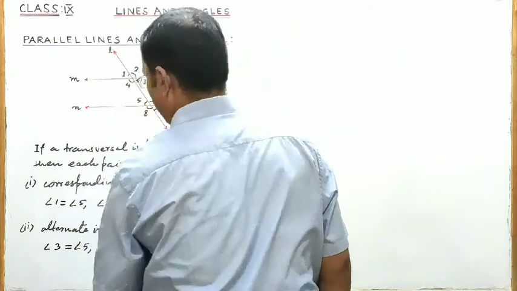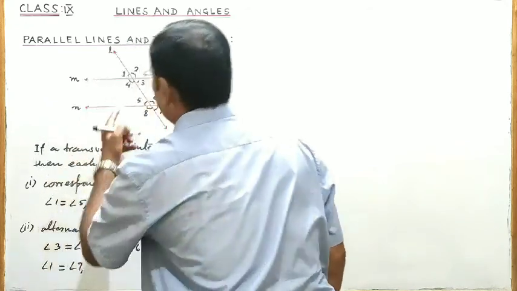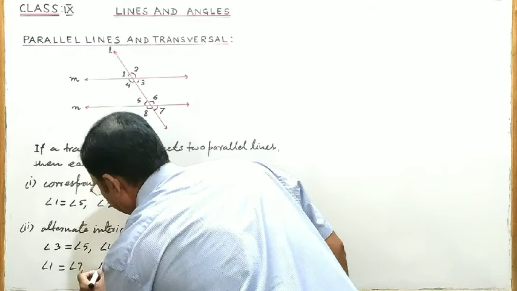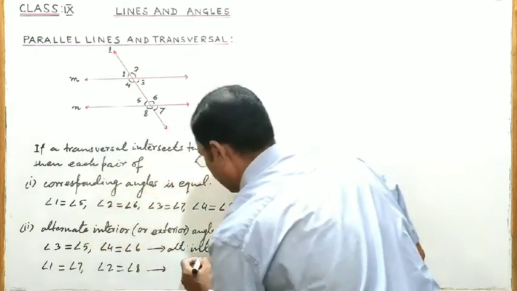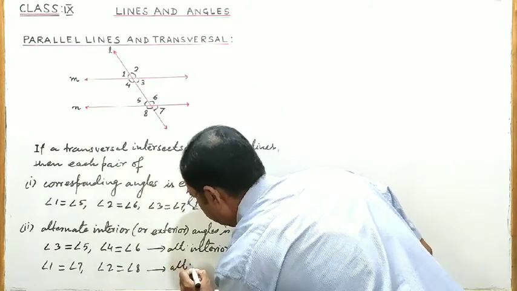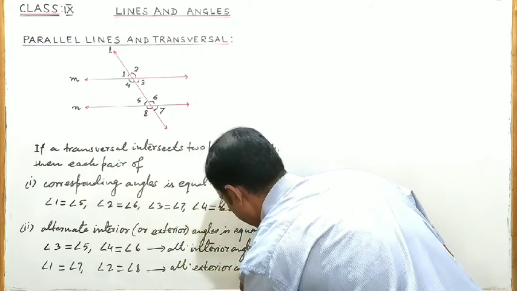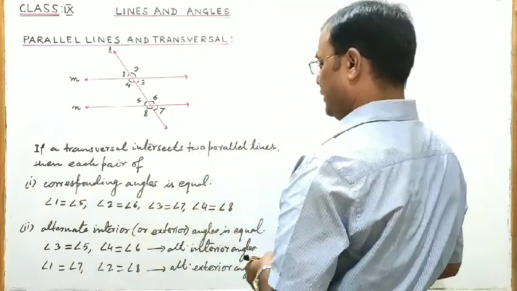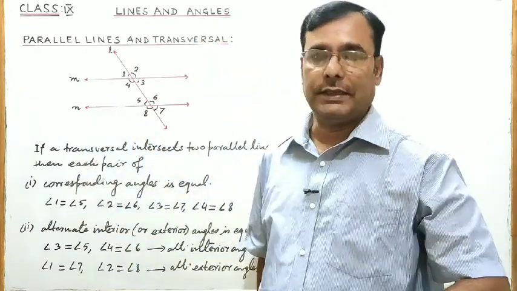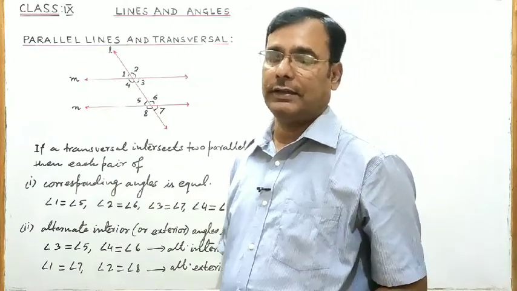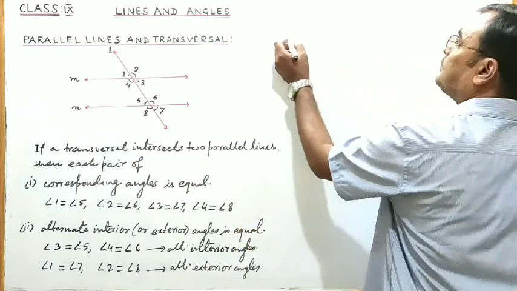And angle 1 equal to angle 7, angle 2 equal to angle 8, as they are an alternate exterior pair of angles. So this way, if a transversal intersects two parallel lines, then alternate interior angles are equal and alternate exterior angles are also equal.